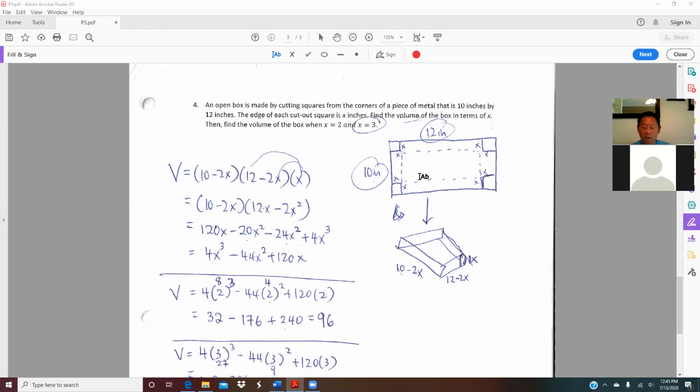What I do here is I cut boxes on the corners, and I take out x inches. On each corner I take out x inches, so I'm going to tear this one out.